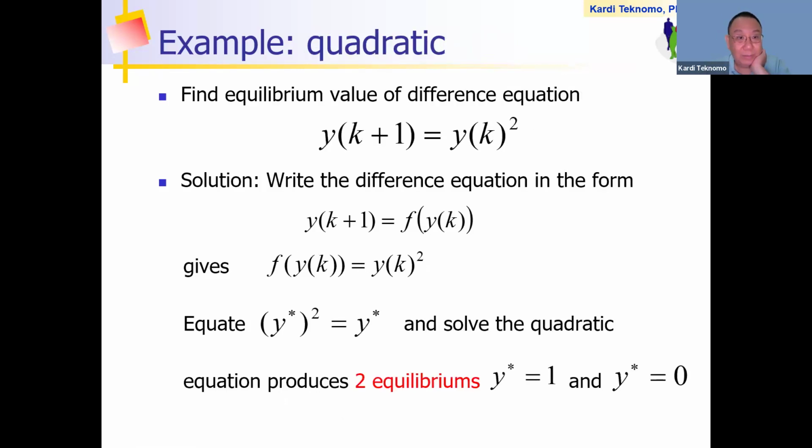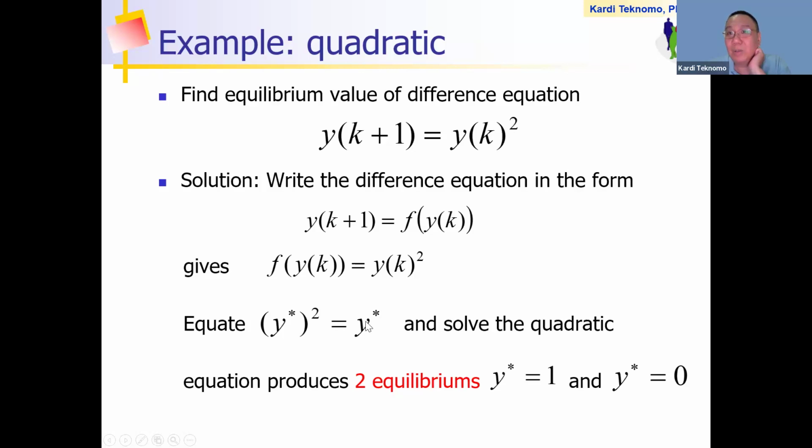Okay, another example. Suppose you have a difference equation like this, which is quadratic. Then you put the left-hand side equal to a function of the right-hand side. That function is the right-hand side here, y_k squared.